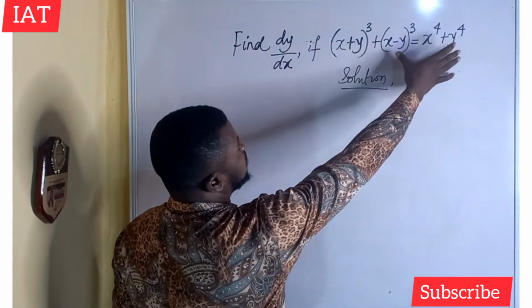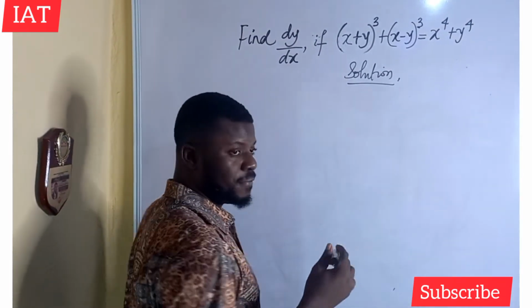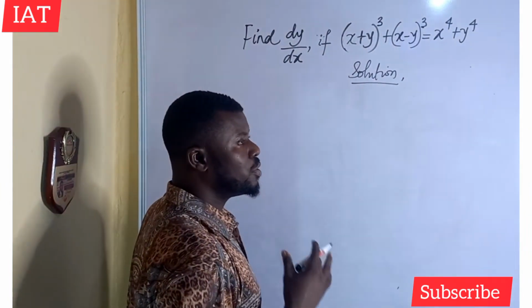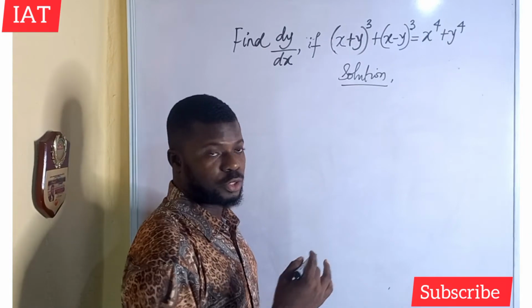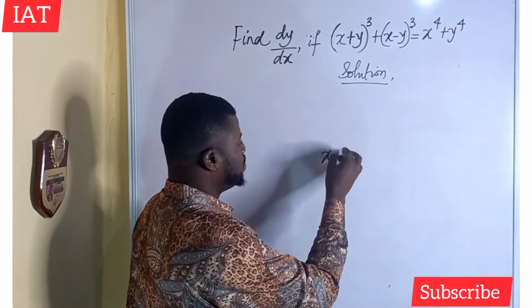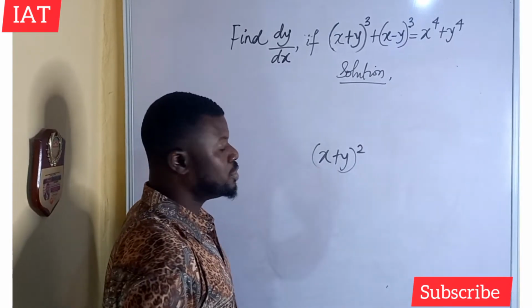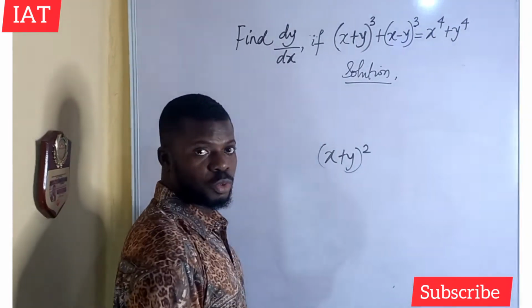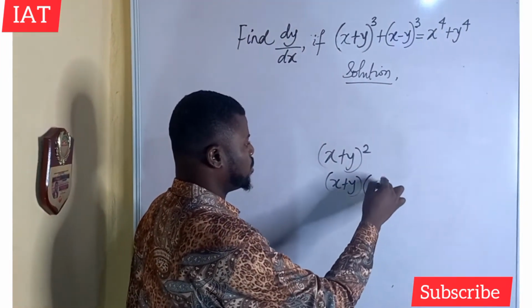Firstly, I will reduce this expression at the left hand side. By the basic understanding of algebraic expansion, when you have (x plus y) all squared, it literally means you should duplicate this x plus y into 2. So it will be (x plus y) times (x plus y).